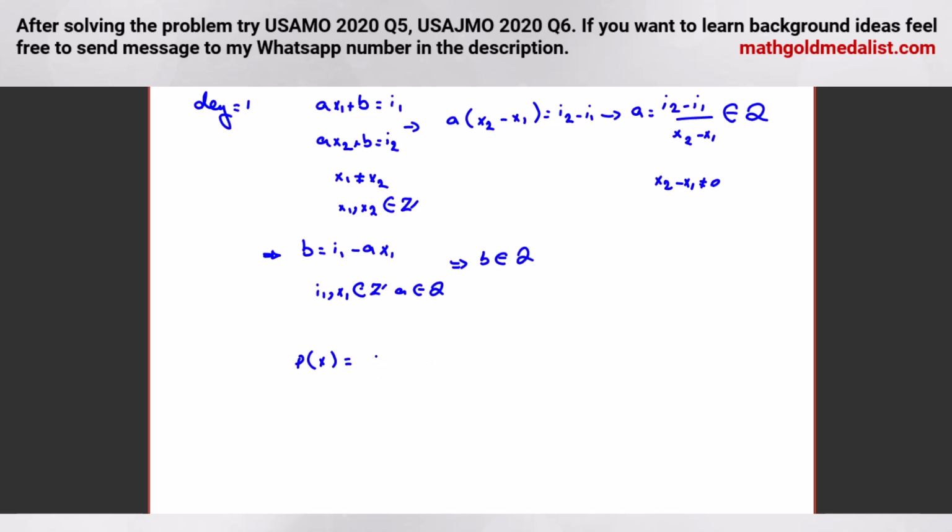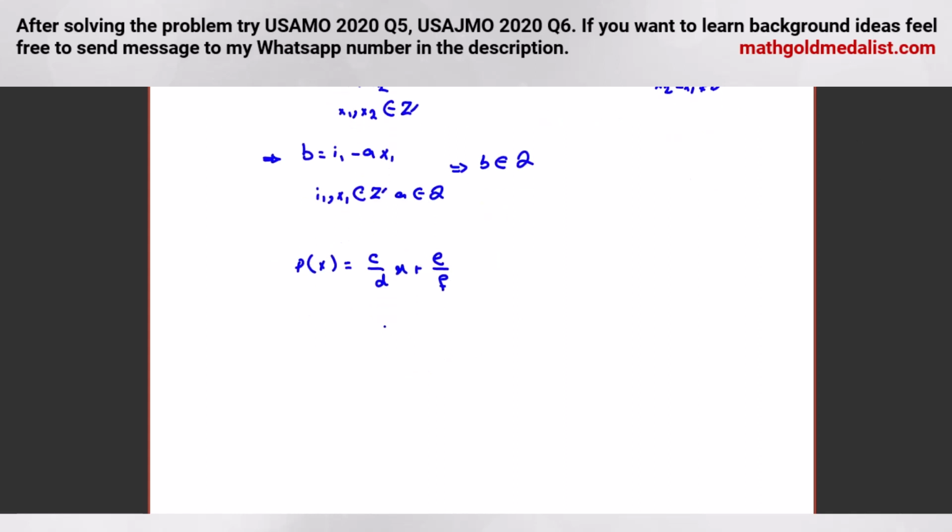Let's use another variable: C over D x plus E over F, right? And we know GCD of C and D is equal to GCD of E and F is equal to 1.